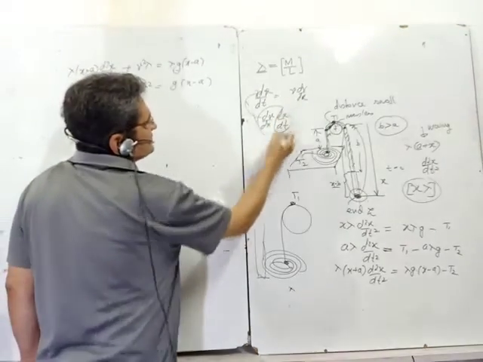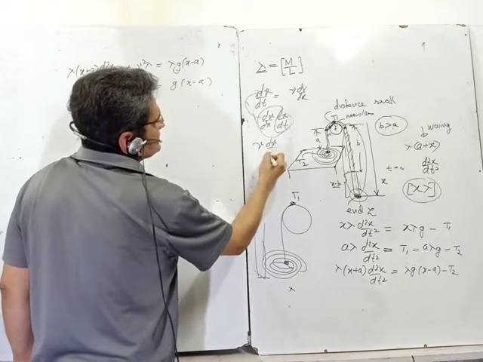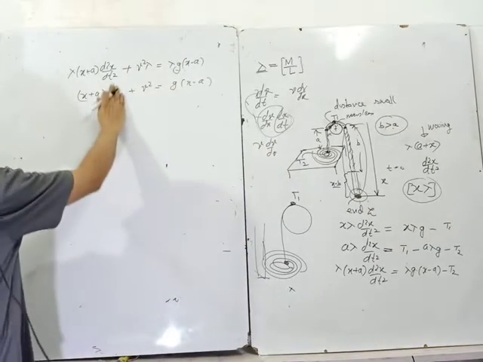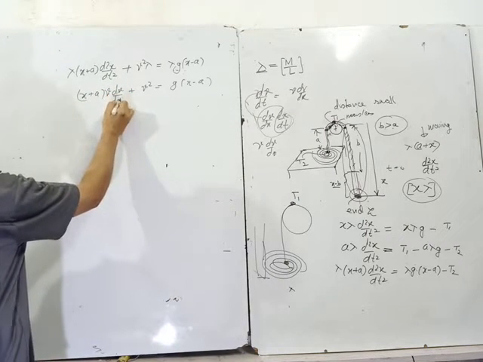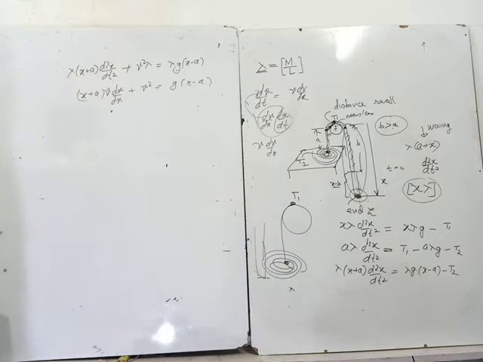So dx upon dt is v, so it is v dv upon dx. That is how we replace this. It becomes easy to solve. This method you should just try to remember.